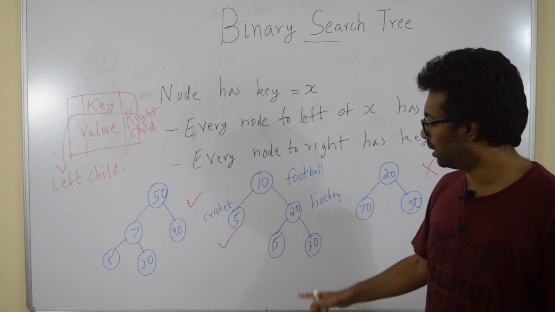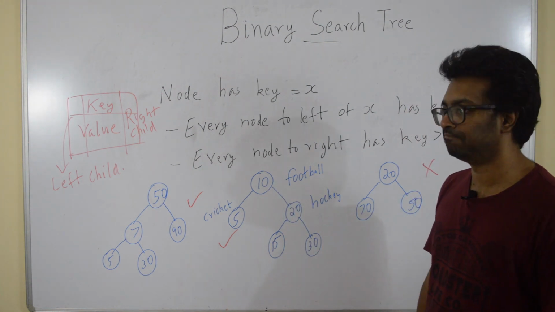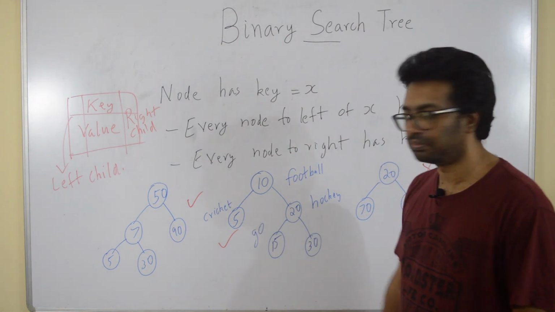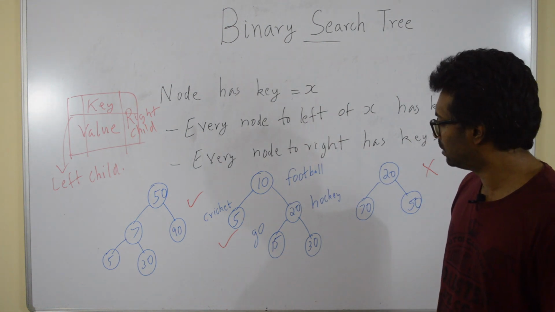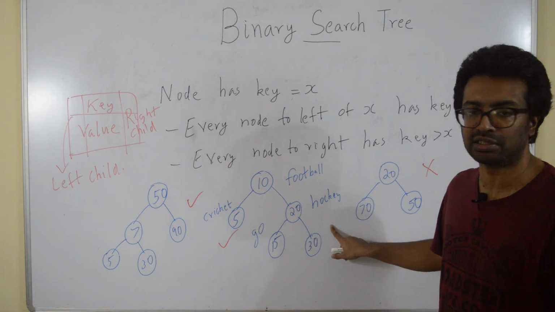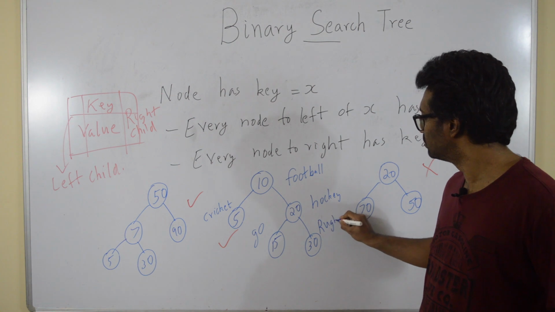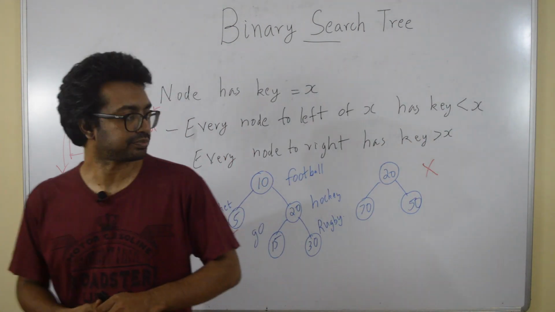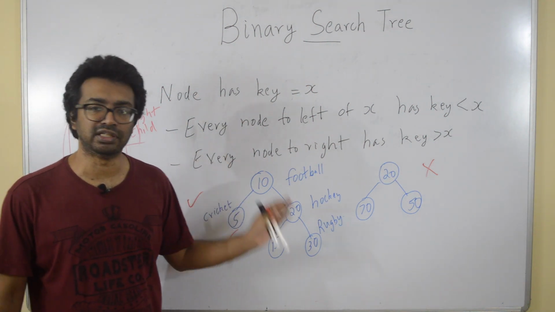And this has to be greater than football and less than hockey, something with G, like golf. I'm just writing some sports names. And something greater than H, so let this be rugby. That's greater than H. So you could have had strings here.